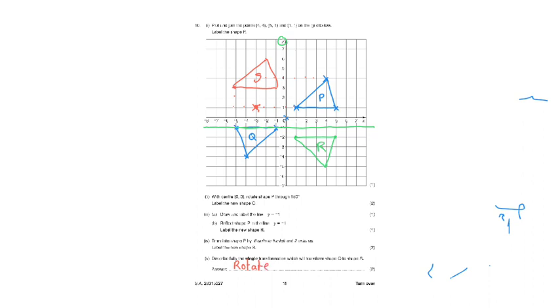So describe the transformation, we've got to rotate it. How far? 180 degrees. We don't need to give a direction because it's 180. And what's the centre? The centre is the point as a coordinate -3, 1. Again, if I've made a mistake, please let me know, but that looks like that's what it is.